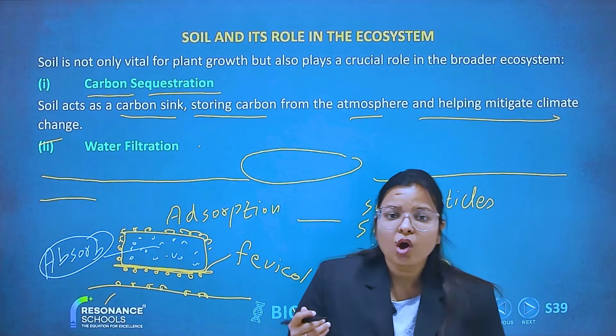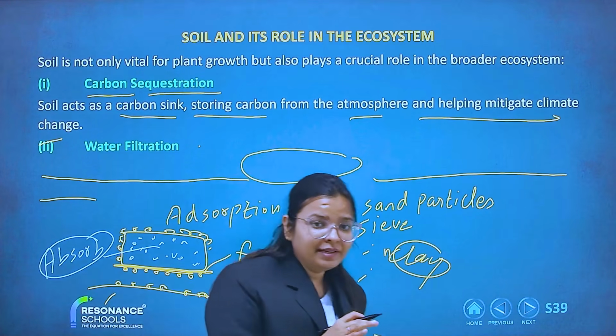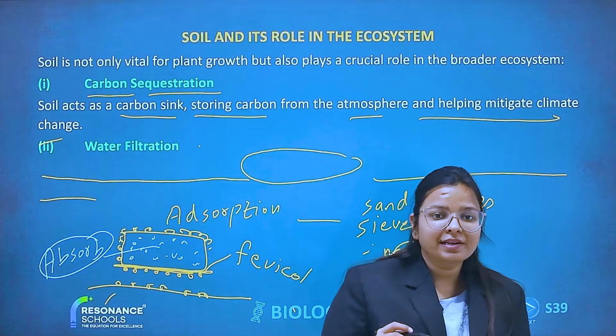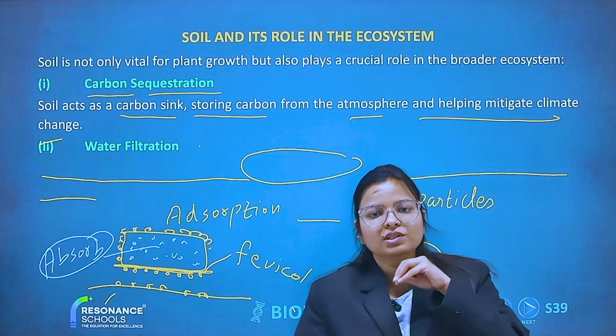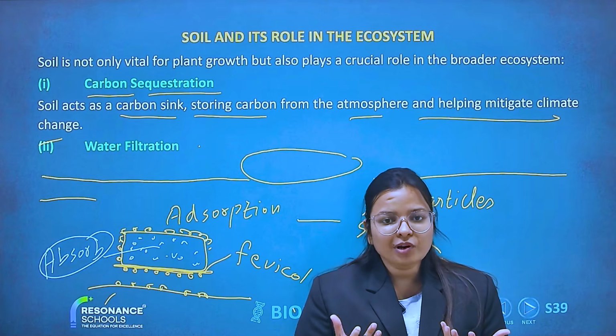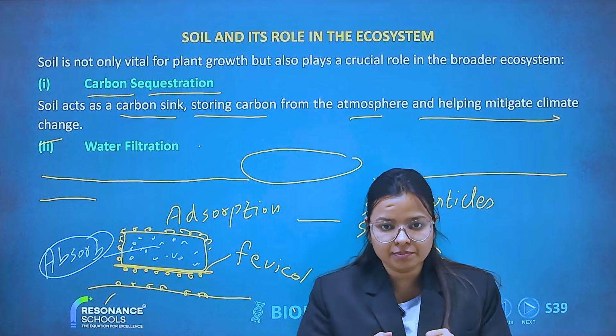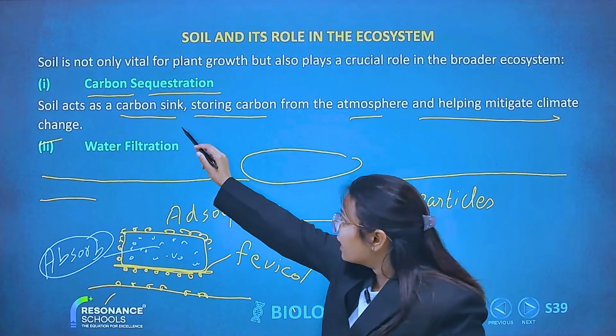Animals have organic matter, meaning carbon. So whenever they die, their carbon matter comes into the soil. So soil is a sink for carbon. Whatever carbon is coming, soil can store it. So soil is a carbon sink.